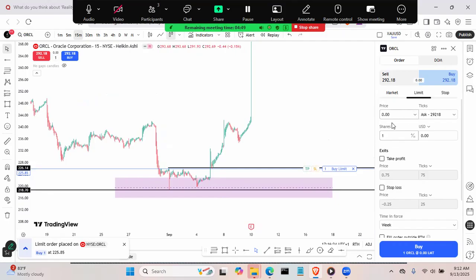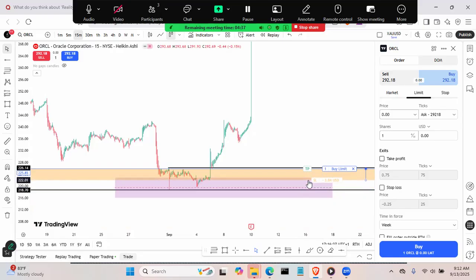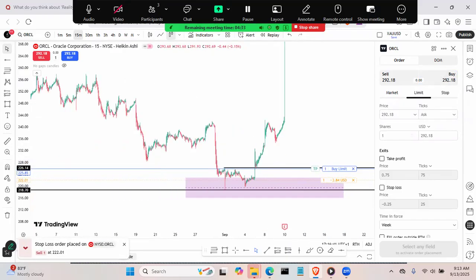Let me use the lowest value quantity, right? So let's say I put a stop loss around here. So around here, for example, that is minus $3. Then I want to see the value of that height it went to.